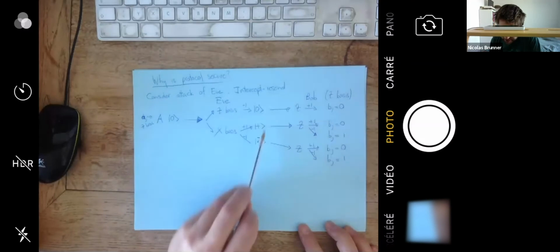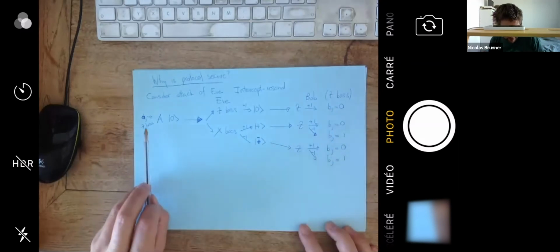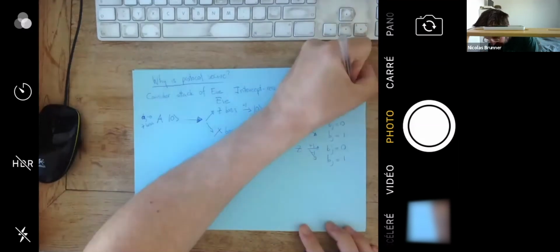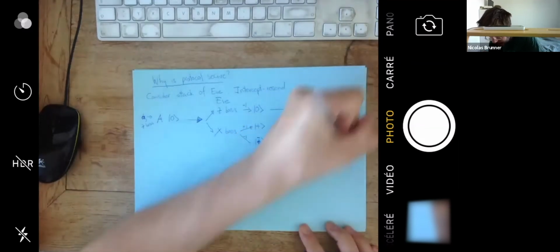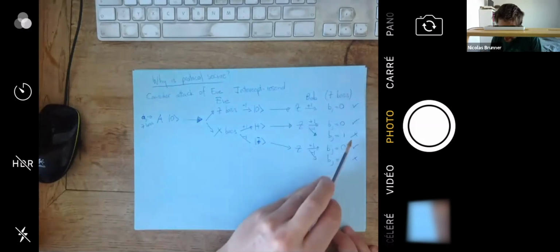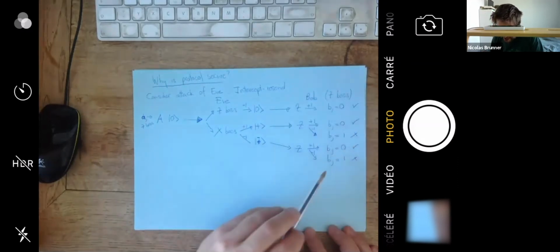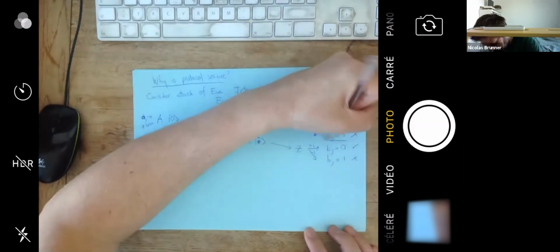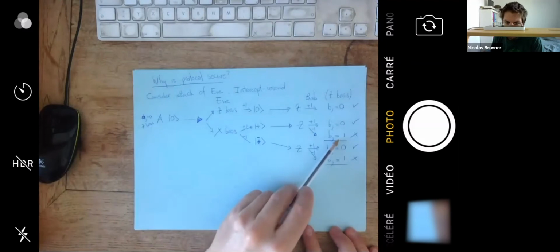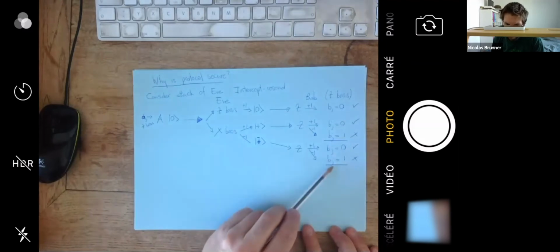So if Eve was not there, BJ should be equal to AJ, so it should be 0. So this is correct, this is correct, this is correct. But now we see, because of Eve's attack, there are two cases here that are wrong, right? So these are cases where Eve introduced an error, okay?